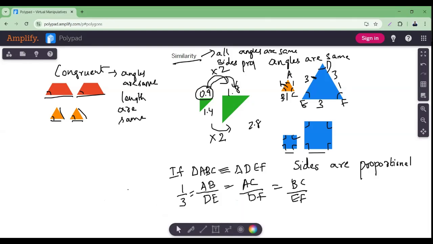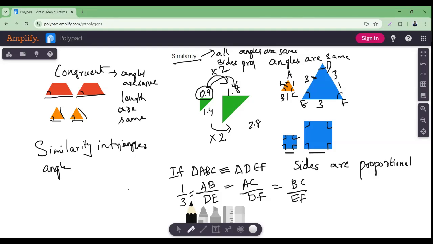So in triangles, similarity means angles need to be the same. Is it required that all 3 angles be the same? No. Why? Because even if we know 2 angles, the third angle will be the same. So 2 angles or 3 angles need to be equal, and the sides need to be proportional.